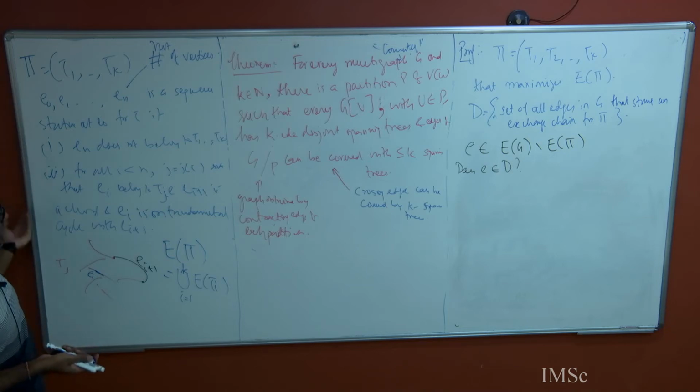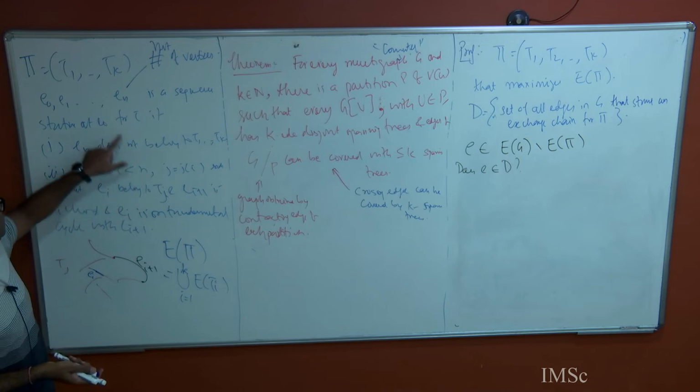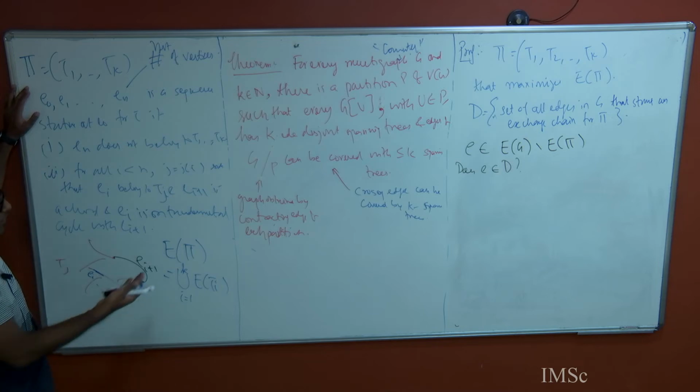This is vacuously true. The rest is everything empty. For all i less than n, which is nothing anymore, right? Look at the last one. Which is my last one?